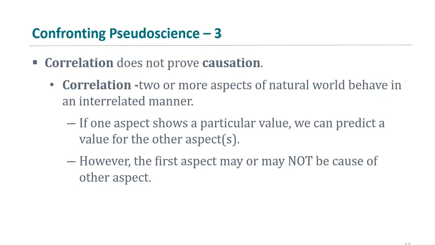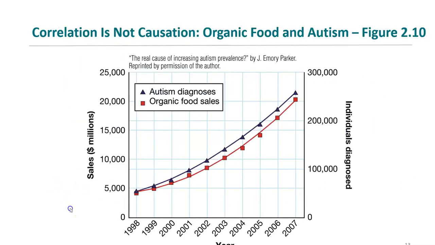Just because you've had an ice cream cone or a big bowl of ice cream and then you go out swimming doesn't mean that you're more likely to drown. There's another factor, another variable at play here, and that's temperature. So the idea is that more people are eating ice cream because it's hot out, and because it's hot out, more people go swimming. So one does not cause the other. They can be correlated because it's hot outside. So there's a relationship between them, but one does not cause the other. And so you've got to be careful about that when you're looking at data.